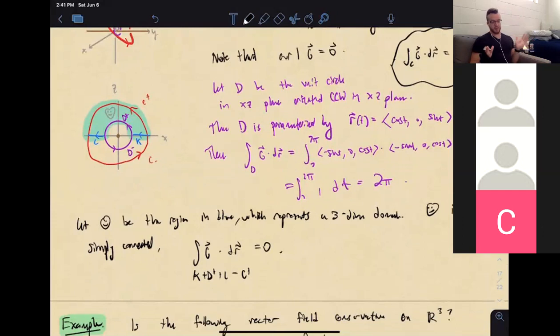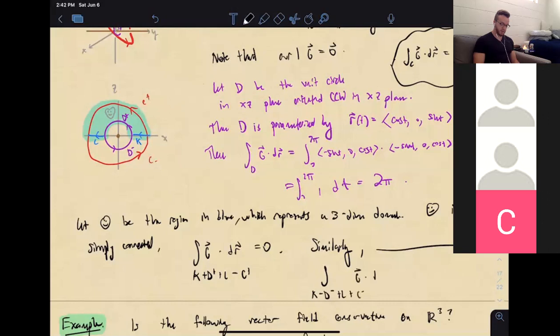Anyway, the integral over that closed loop is 0. Similarly, the integral over the bottom loop, K minus D minus plus L plus C minus, of g is 0.